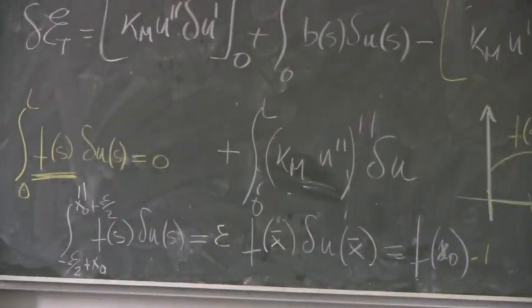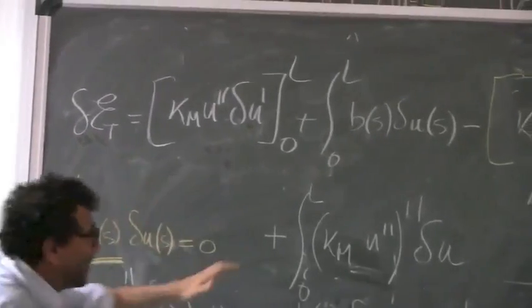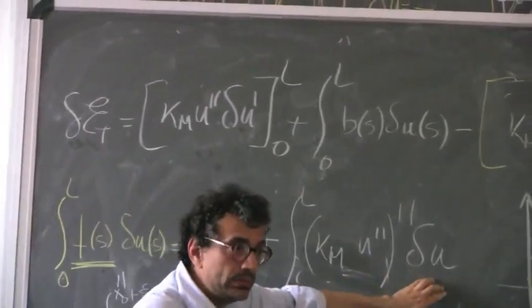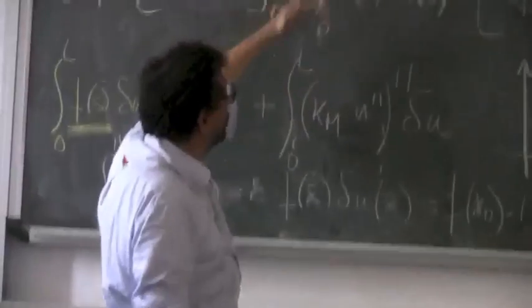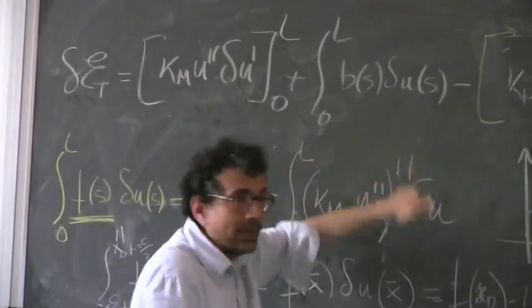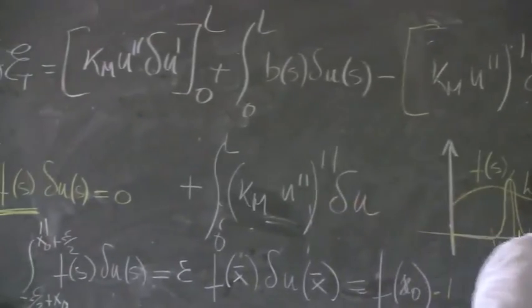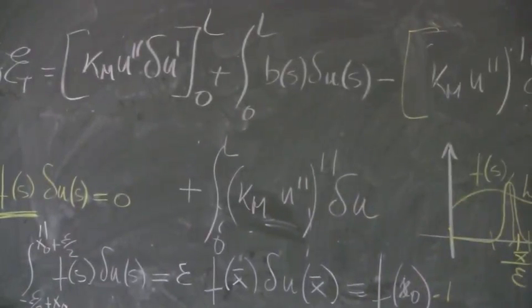So, if delta epsilon t is equal to 0 for every delta u, the function which is inside the integral multiplying delta u has to be 0. Okay?